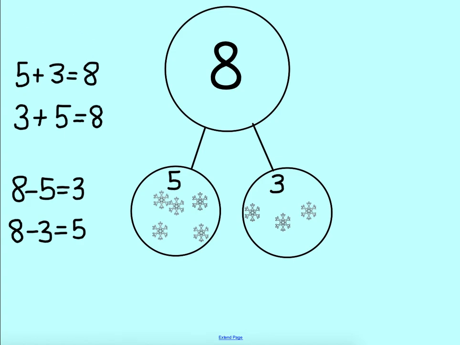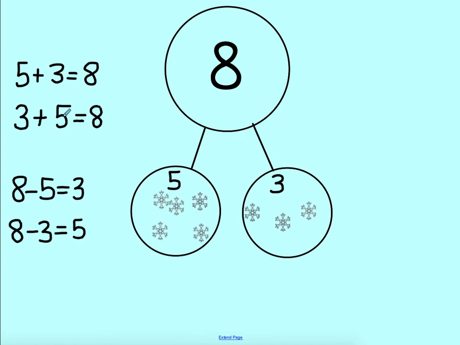Now let's take a look at all these equations over here. Do you notice anything? I notice that some of them have plus signs and some of them have minuses. So we have addition and subtraction. Do you notice anything else? They all have equals.